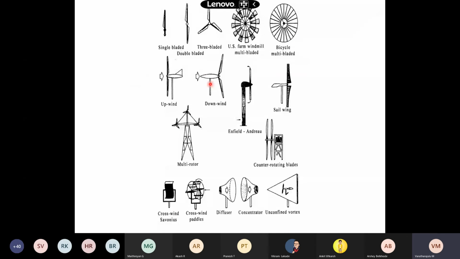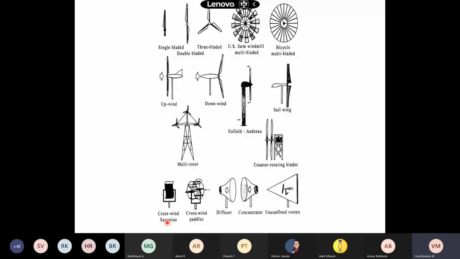The counter-rotating blade and the cross wind type. We discussed the cross wind type, and subsequently we can overview the cross wind paddles, diffuser, concentrator, and unconfined vortex.